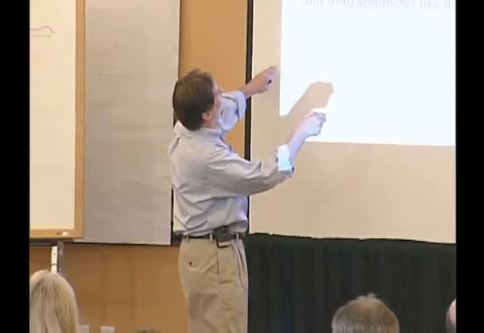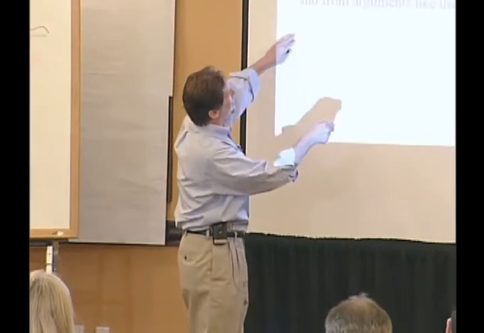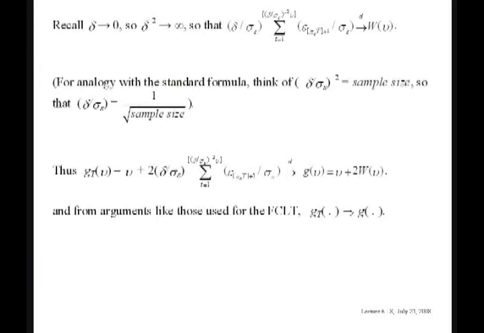So this stuff right here is going to converge to, well, what? Well, I got 2. So there's the 2. And then this guy is going to be our, if you will, like our normal, and this is 1 over the square root of sample size.